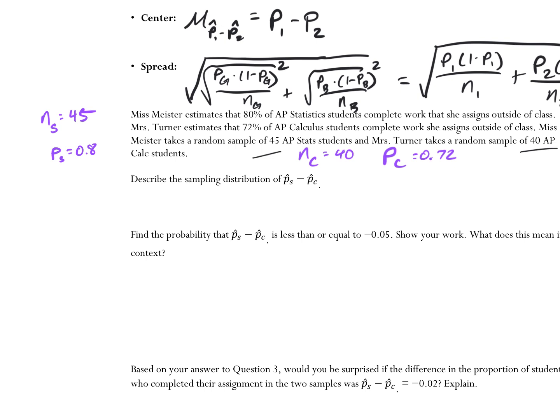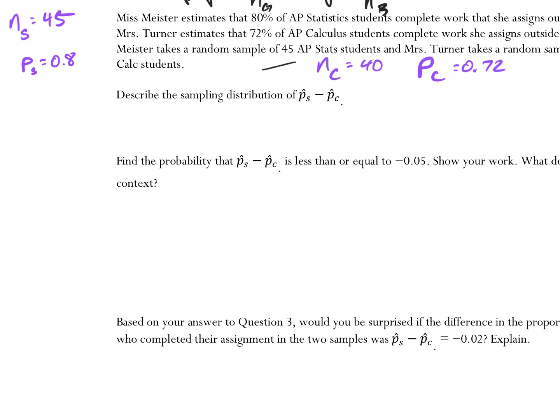What are the important characteristics I need when I say describe a distribution? Shape, center, and spread. So let's start with shape. We want to decide normality. How do I do that?